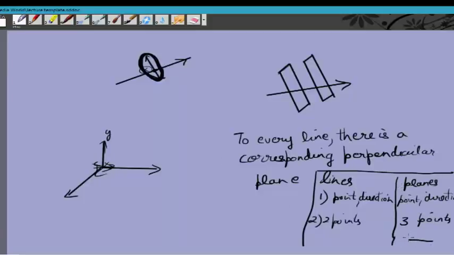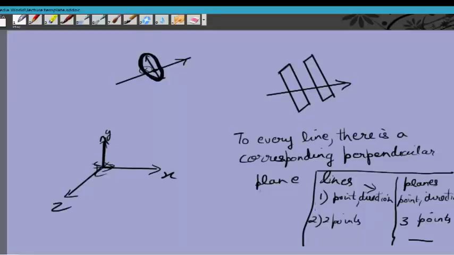But the important thing is, a point is generally defined by itself, but for a line, you can define the direction of a line. For a plane, you cannot define the unique direction of a plane, right? If the plane is the xz plane, then there are infinite directions in the xz plane. You do not have any unique direction, but you do have a unique direction perpendicular to this plane, which is the y-axis.